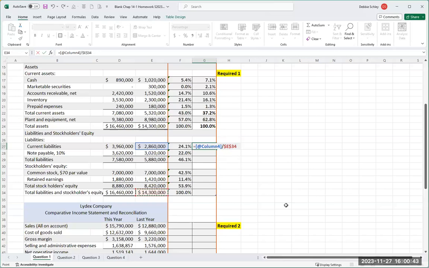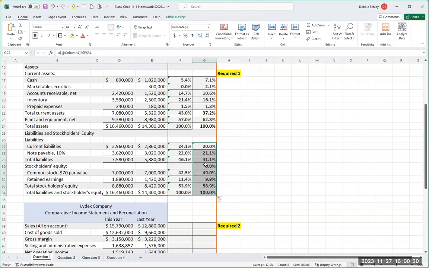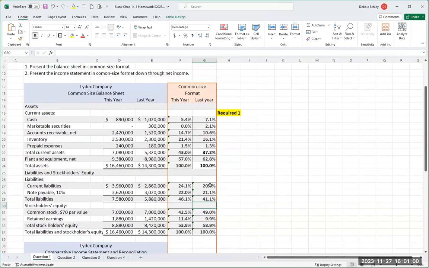I will again anchor that cell and then drag that down. All right, and so these are the numbers you input into McGraw-Hill for the answers for required one: all of the balance sheet for both years.